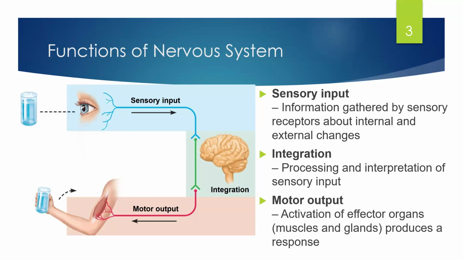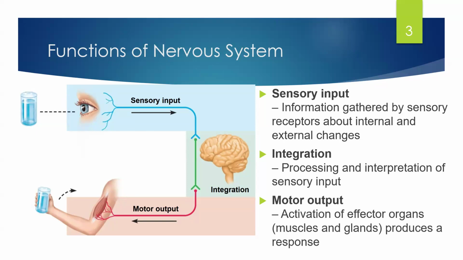From there, we go to integration, which does occur in our brain. This is when we start processing or interpreting the sensory input. So this is when we realize we see the water, we think, oh, it's been a while since I've had something to drink, I'm kind of thirsty now. And then we have a motor output, which is the activation of effector organs, and that produces an output.